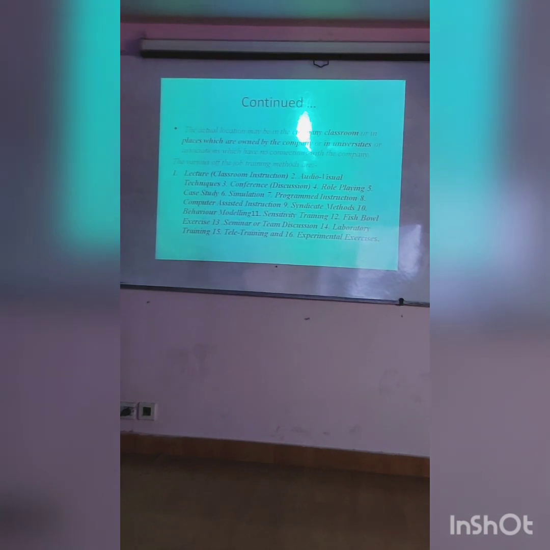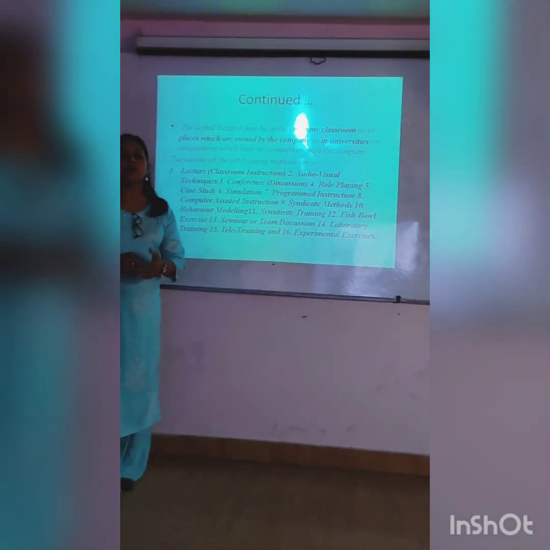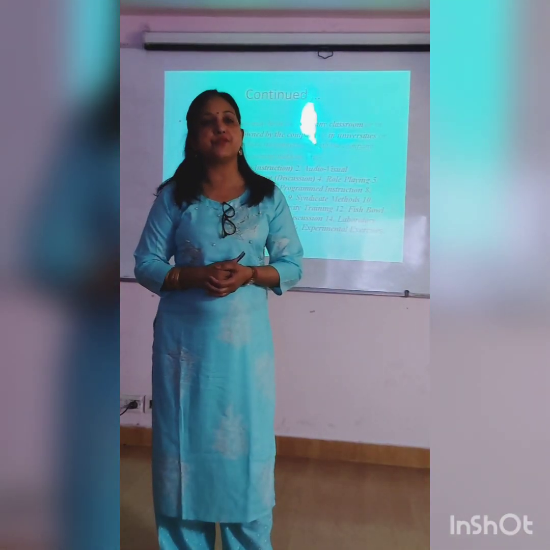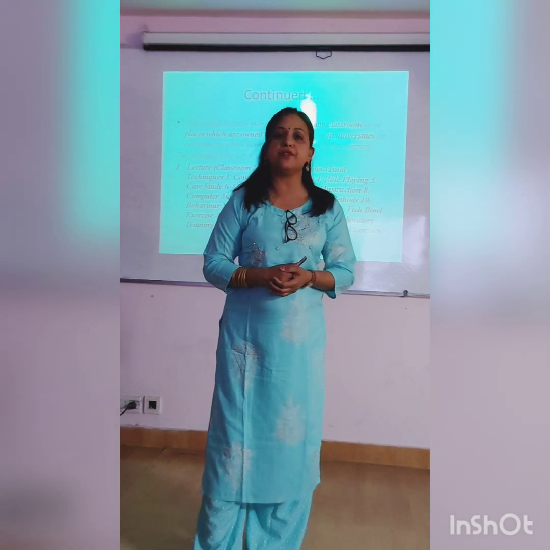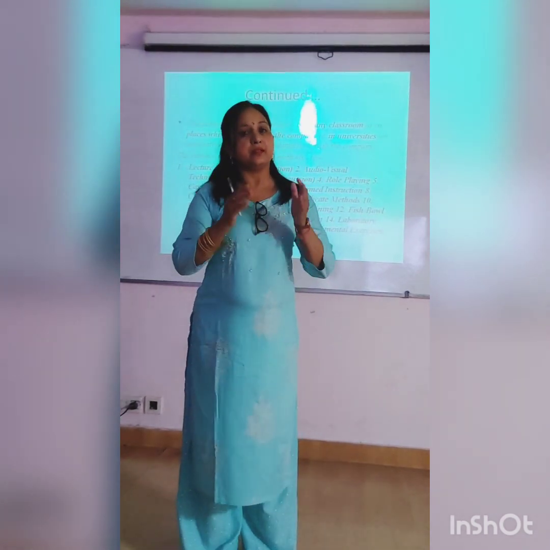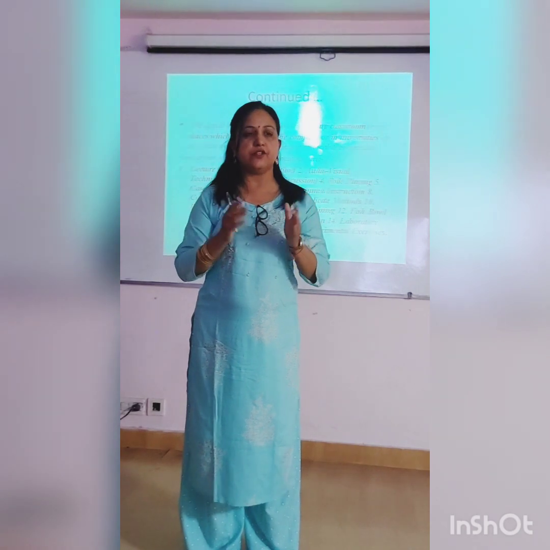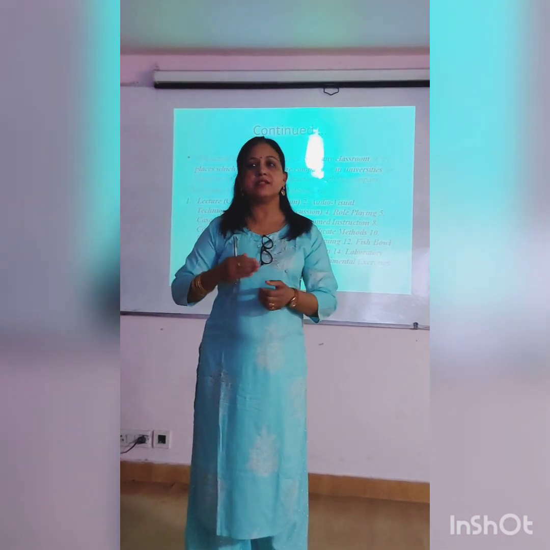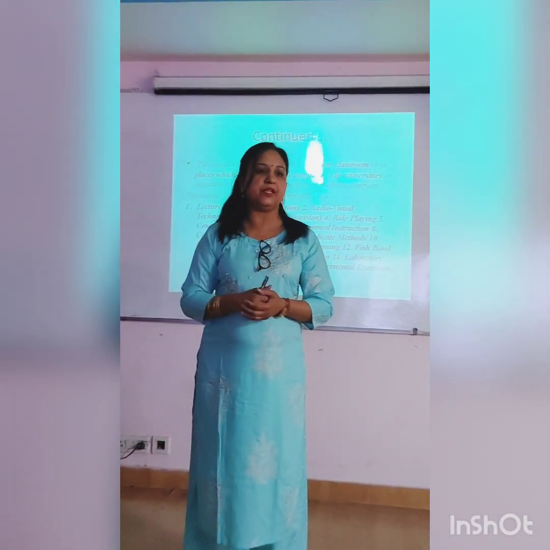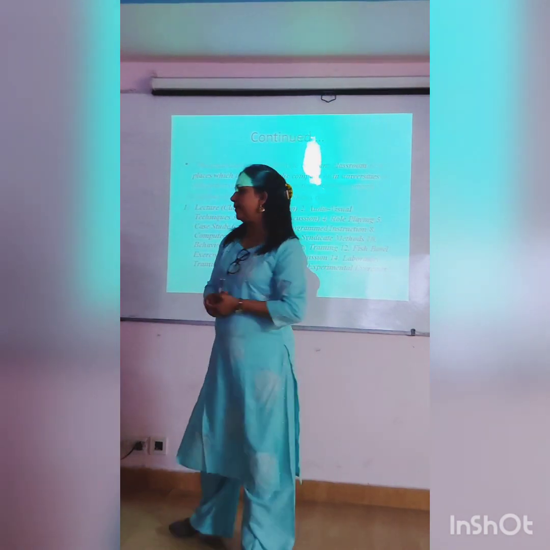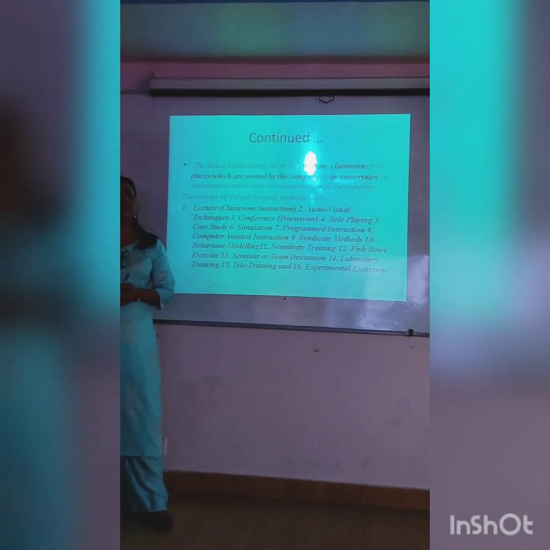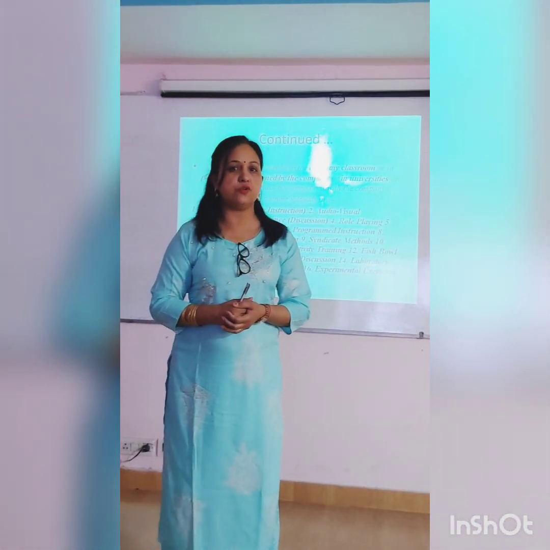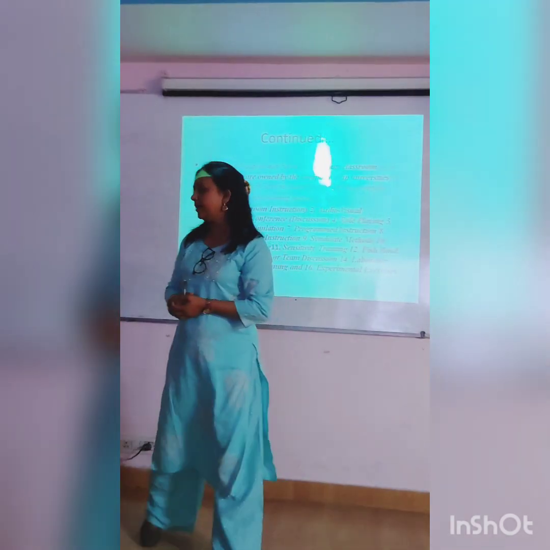Then the actual location. The next question is what exactly is the location chosen by the employer or by the trainer for conducting the off-the-job training. At times the location for conducting the off-the-job training may be the classroom, or some other place away from the company premises, and it is completely dependent on the trainer's wish as well as the employer's decision where exactly they have to conduct the training program.